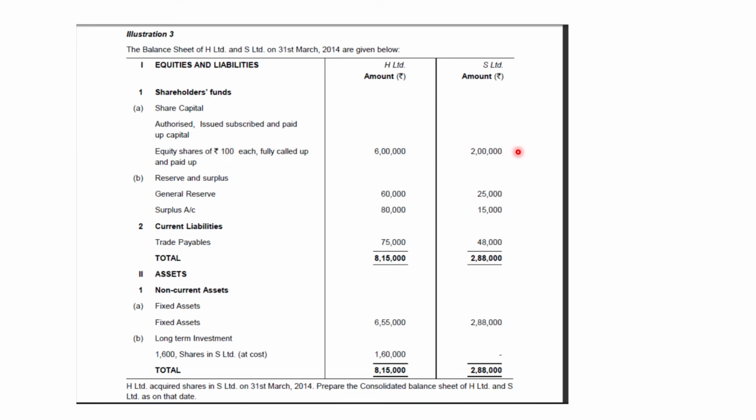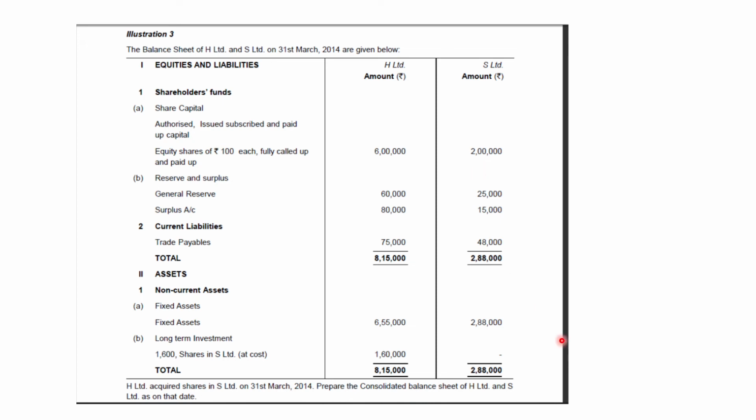So out of the 2000 shares of subsidiary company, 1600 shares are held by holding company itself, which comes out to 80%. Means 80% shares are being held by holding company in the subsidiary company.